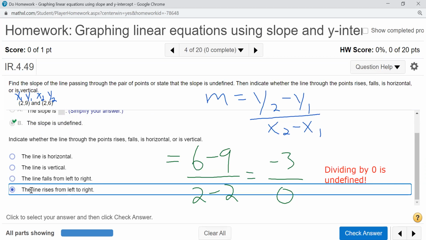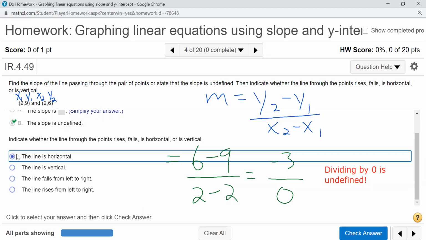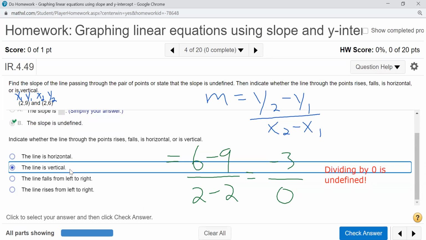Is this a line that has positive slope, which means it rises from left to right? Is this a line that has 0 slope, which means it's horizontal? Or is this a line that has undefined slope, which means it's vertical? And it's the last case, that it's vertical. The slope is not 0. Dividing by 0 does not give you 0. It gives you undefined. It gives you nothing, really.